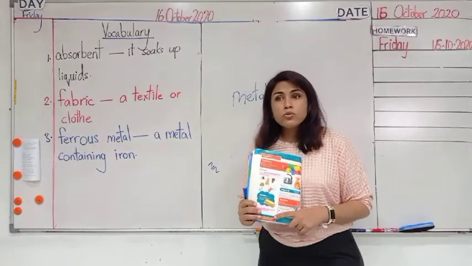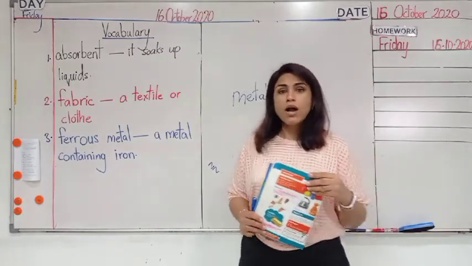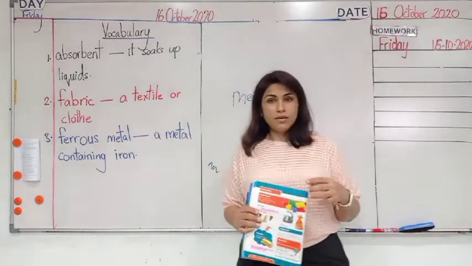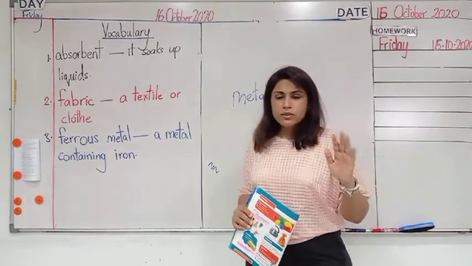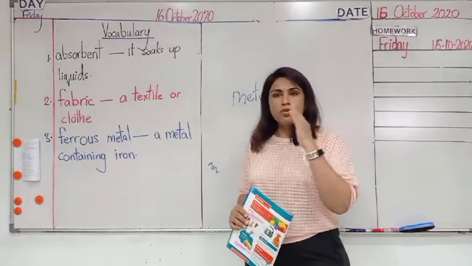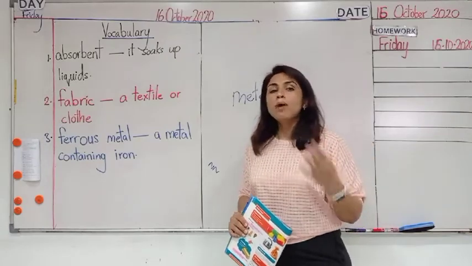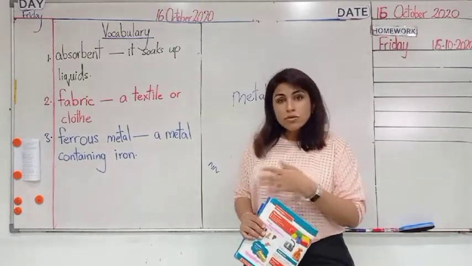There are covers in which you can put your paper to protect it from water and other things. That is also made of plastic, like folders and your take-home bags. And what else is made of plastic? I want you to look around in your house for things which are made of plastic, all around the house. It can be your kitchen, your dining area, your living room, your bathroom, your laundry area.